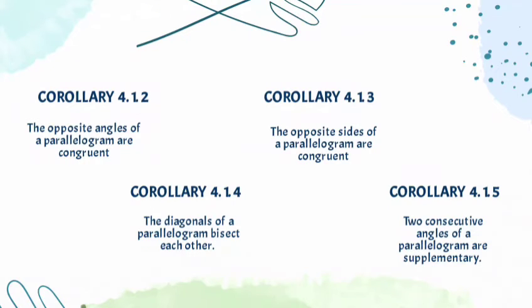Corollary 4.1.2: the opposite angles of a parallelogram are congruent. Corollary 4.1.3: the opposite sides of a parallelogram are congruent. Corollary 4.1.4: the diagonals of a parallelogram bisect each other. And the last, corollary 4.1.5: two consecutive angles of a parallelogram are supplementary.